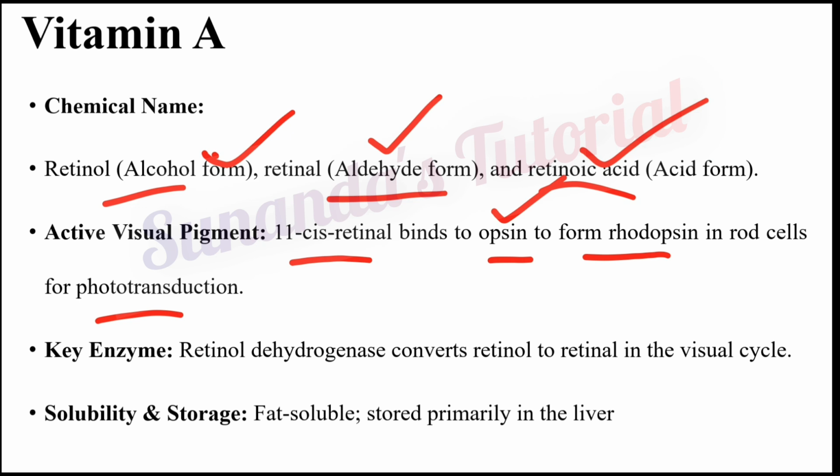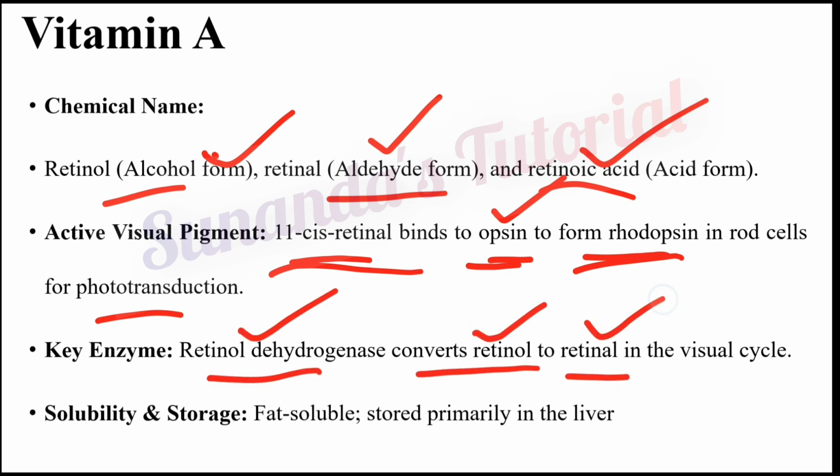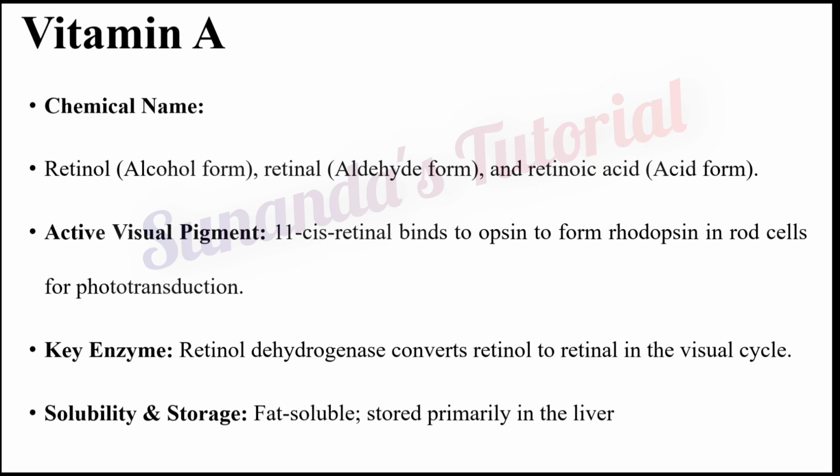During vision, 11-cis retinal binds to opsin to form rhodopsin in rod cells for phototransduction, that means conversion of light energy to electrical signal. The key enzyme retinol dehydrogenase converts retinol to retinal in the visual cycle. Next, solubility.